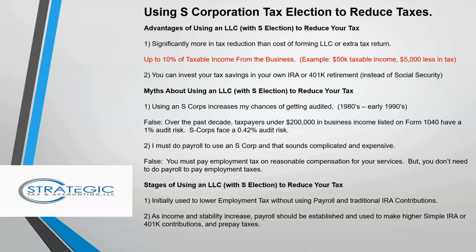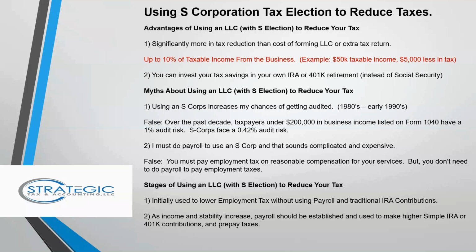Okay. So there's also stages of using an LLC with an S election to reduce your tax. So initially we wouldn't use payroll. We would just estimate some management or other earnings you had for your own S corporation, and then 1099 you to your Schedule C. And our whole goal is simply this tax savings of about $5,000 on $50,000.